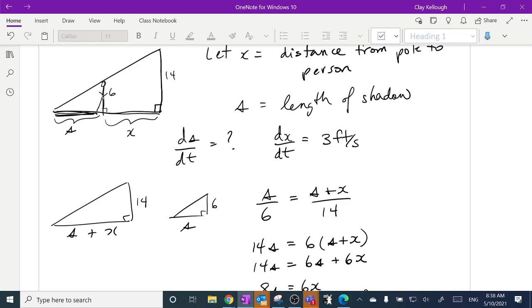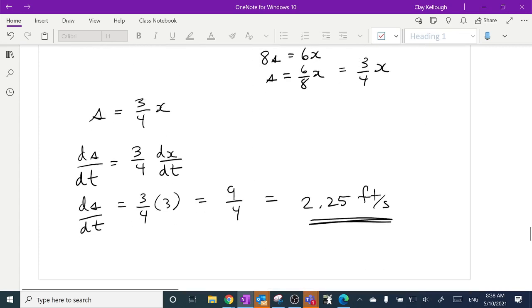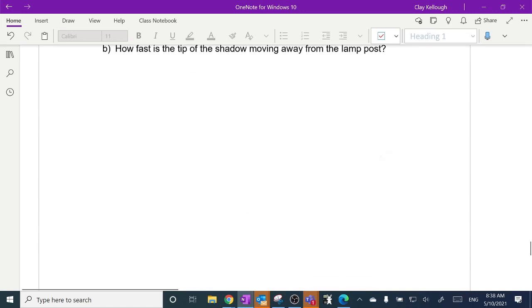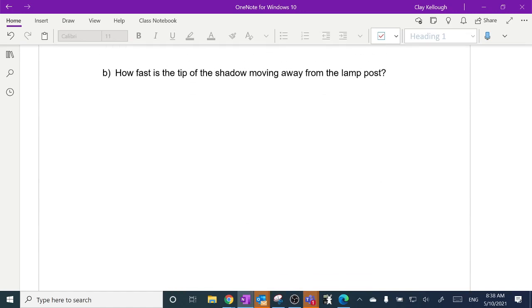And the answer is no, because this x is growing at a different rate. So if I am asking you in the B question, how fast is the tip of the shadow moving away from the lamppost? That's not quite the same question as how fast is the length of the shadow changing.